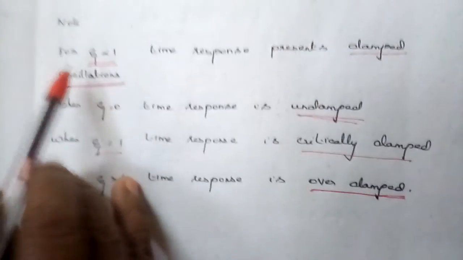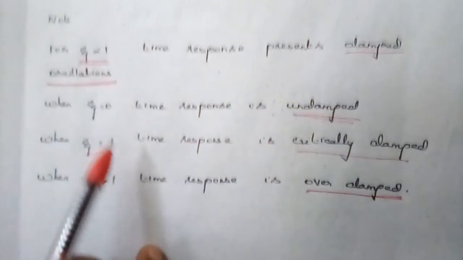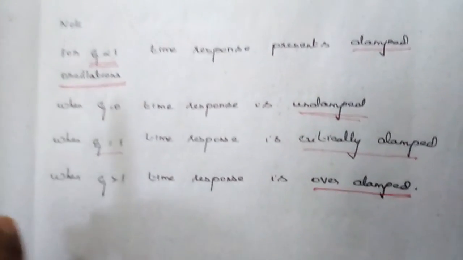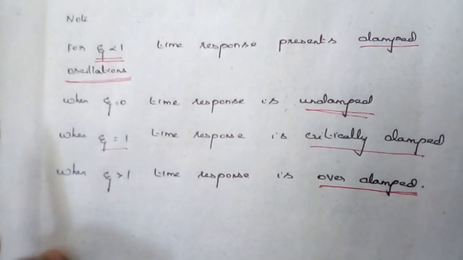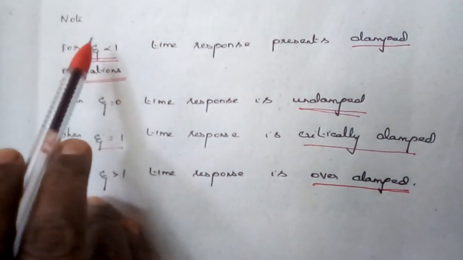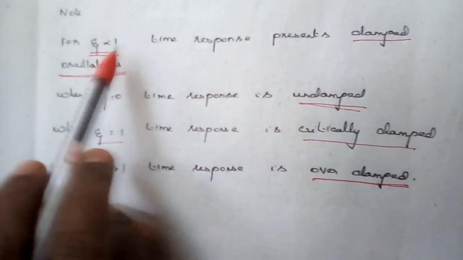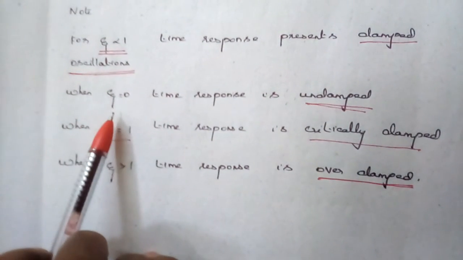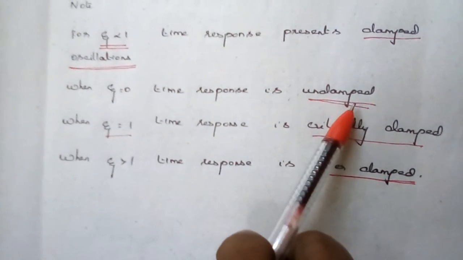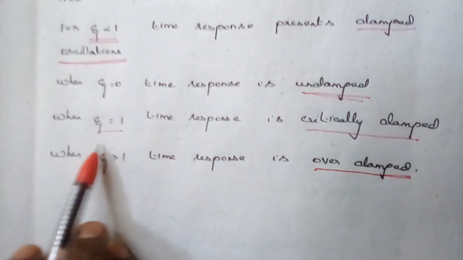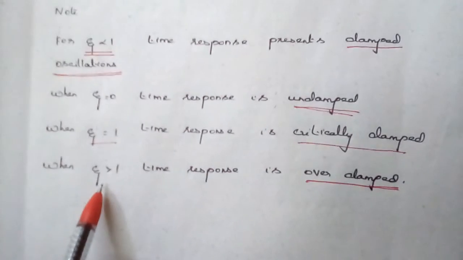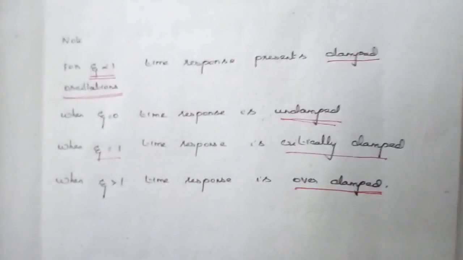In the standard form of the second order system, if zeta is less than unity, there will be a damped oscillation. If it is equal to 0, there will be an undamped oscillation. If it is 1, there will be a critically damped oscillation. And if it is greater than 1, this will be an overdamped oscillation.